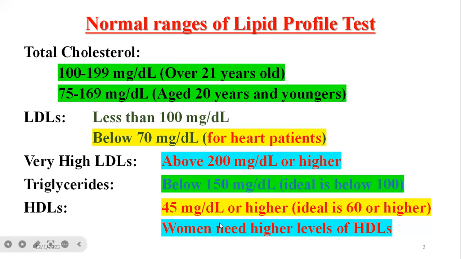Above 200 mg, it is to be considered very high LDL, and triglycerides should be 150 or below 150. Ideal range is below 100 mg. And HDLs, also called good cholesterol, that should be 45 mg or 60 mg in the blood of the human being, and it is needed more for the women.